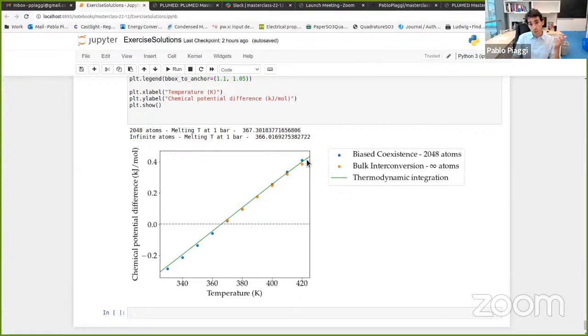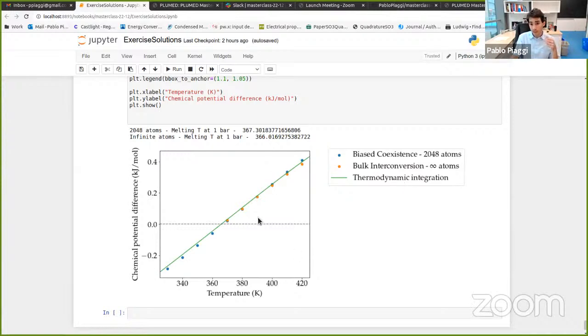So the one that we chose is producing a small artifact. If we chose a different order parameter, we will get slightly different results. So here you see that at high temperatures, the chemical potentials seem consistently overestimated, and at low temperatures consistently underestimated with respect to, say, thermodynamic integration.